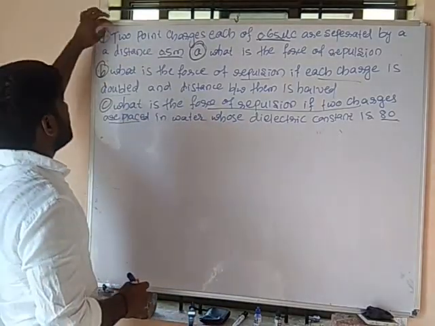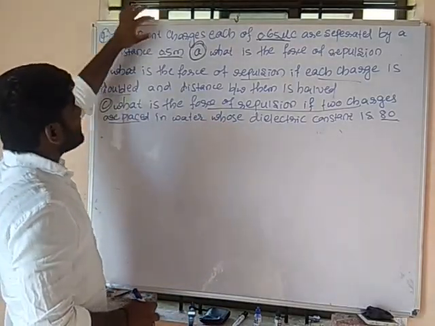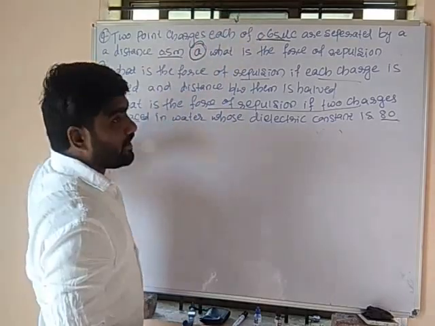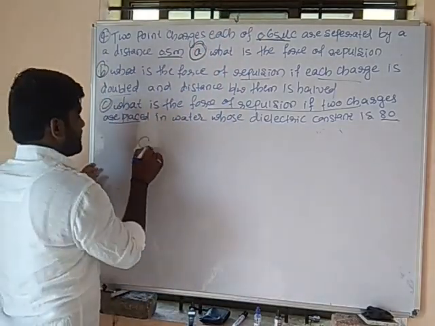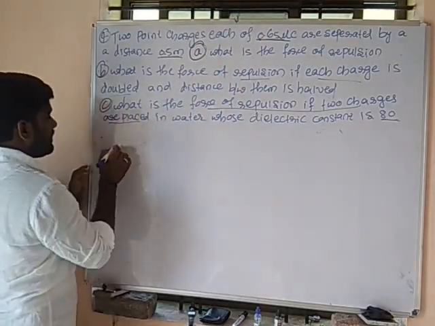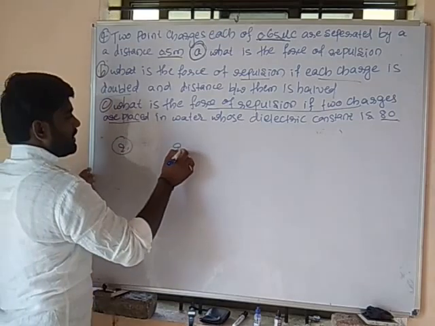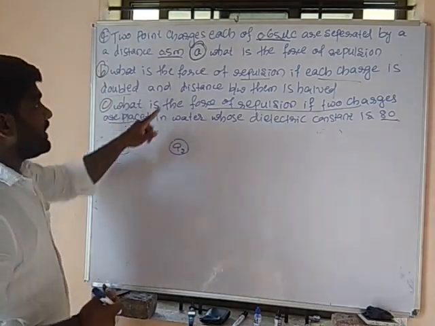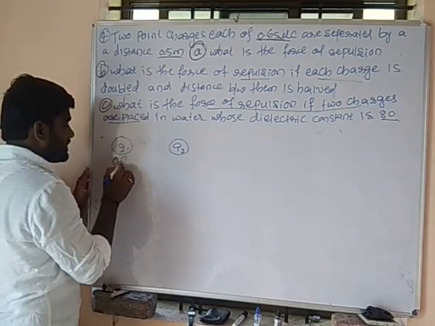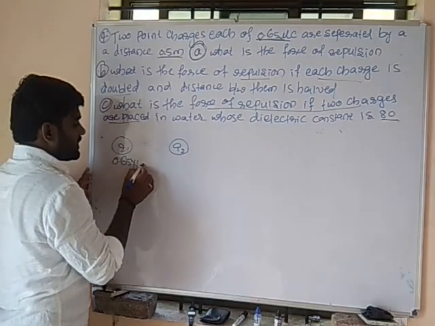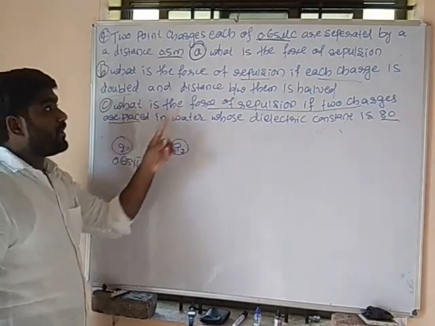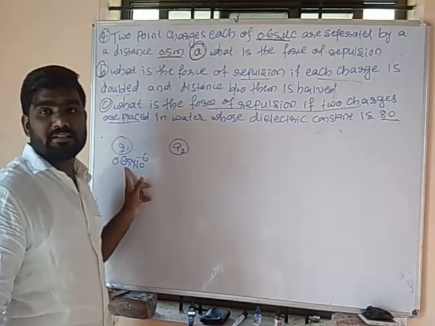See this question. 2 point charges of each 0.65 microcoulomb. Here will be your Q1, it will be your Q2. So each of the charges, Q1 is equal to Q2, 0.65 into micro, which means 10 to the power minus 6.